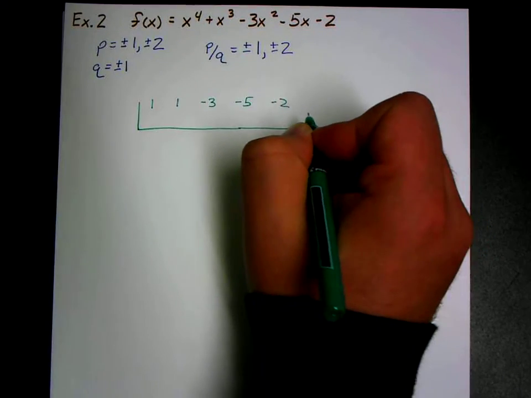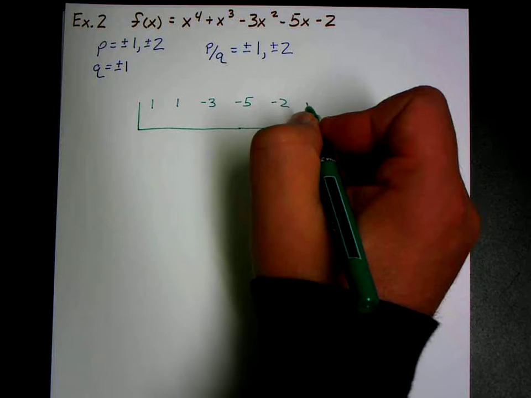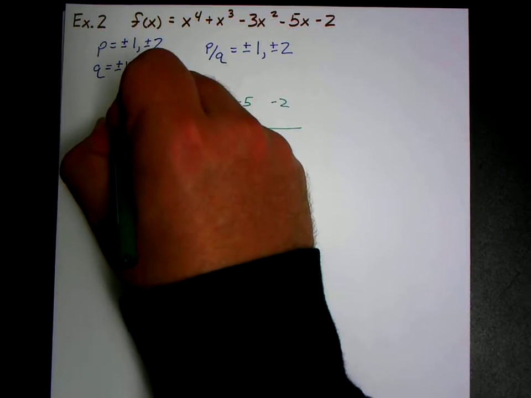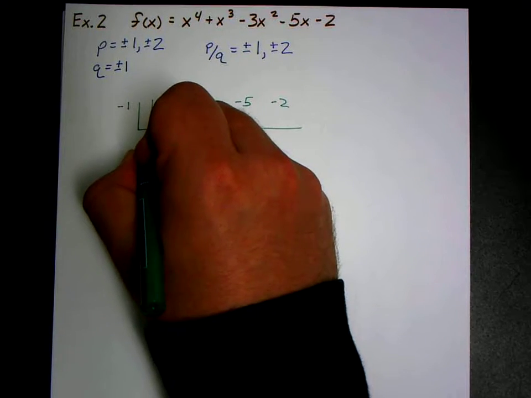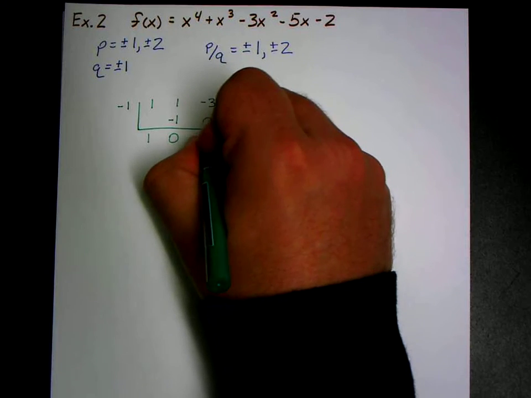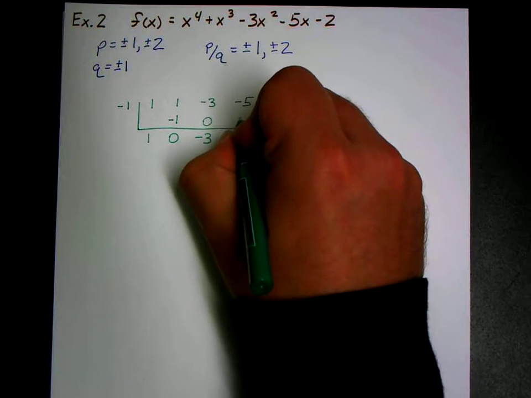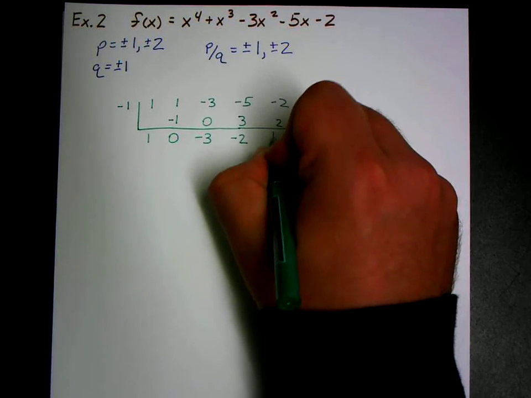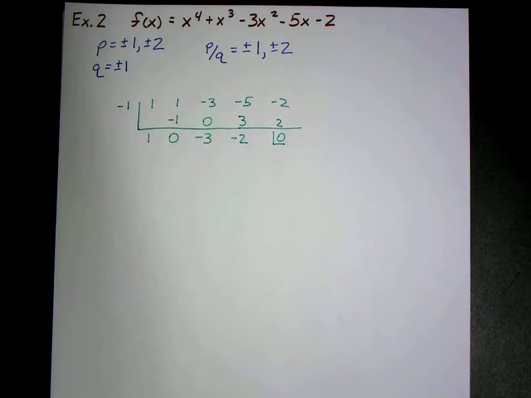Okay, any guesses? -1? Yeah, negative 1. Okay, so since I still have 4 numbers, I have to guess again. I can't stop guessing until I get down to 3 numbers.